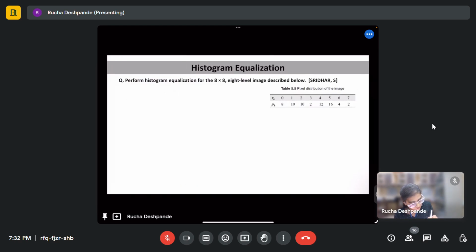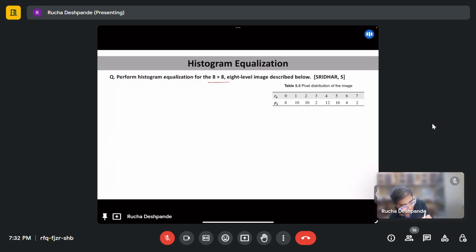Here, the example is to perform histogram equalization for the 8x8, 8-level image described below. The available range of DN values is from 0 to 7, so if we plot the histogram, we have 0 to 7.